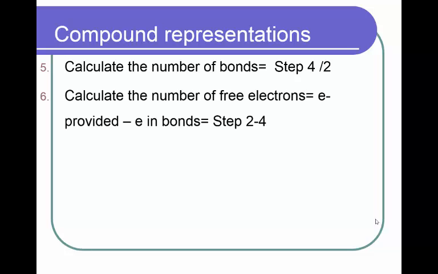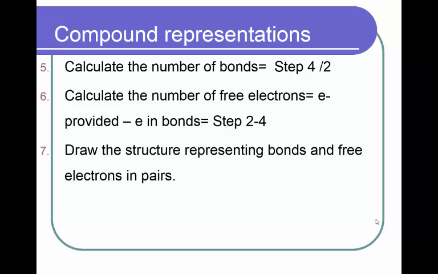On step number 6, you calculate the number of free electrons in the molecule. The way to do that is to subtract the electrons involved in bonds from the electrons provided. So that is step 2 minus step 4. With that, you will know the number of free electrons within the molecule.